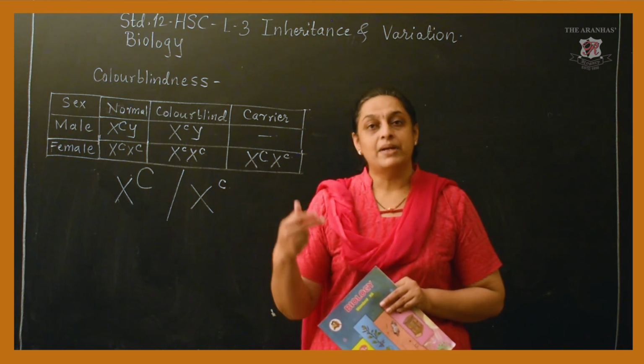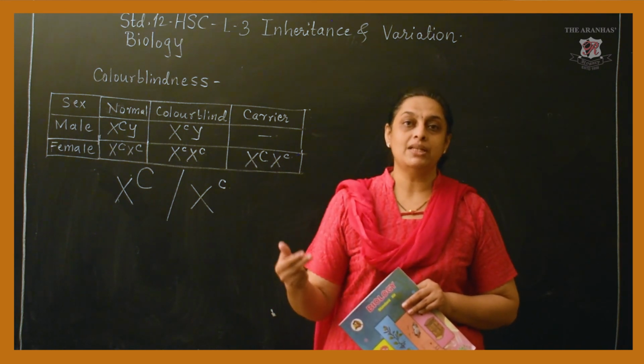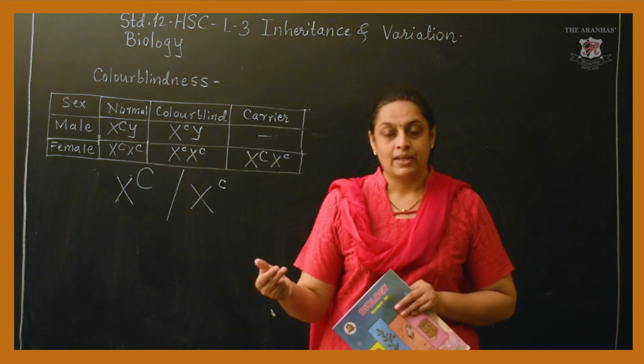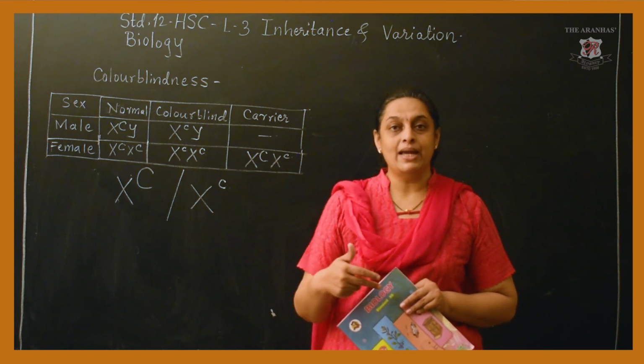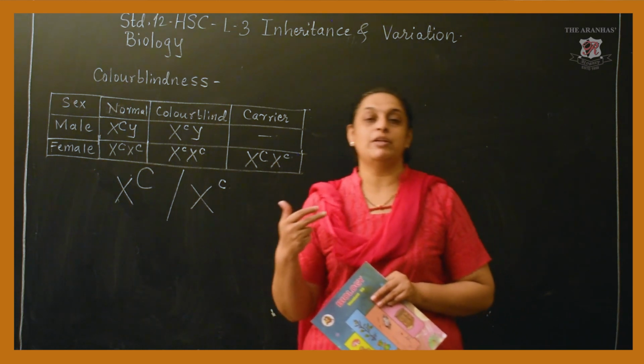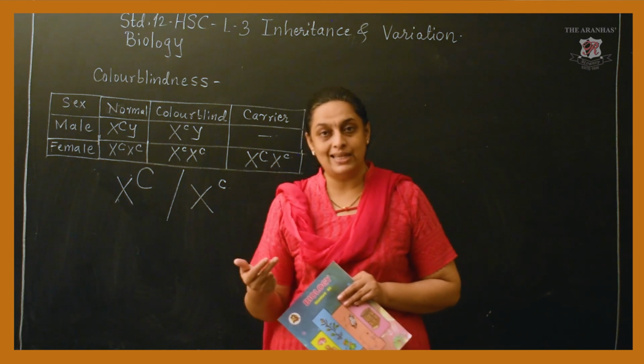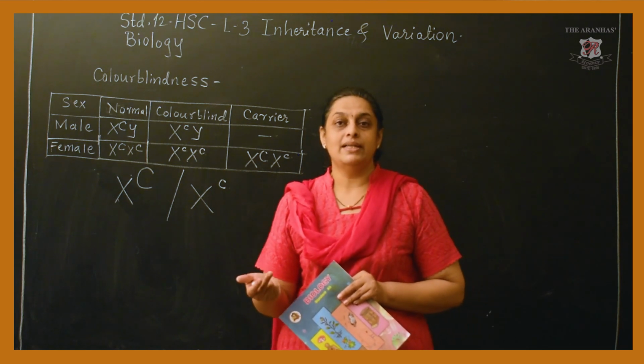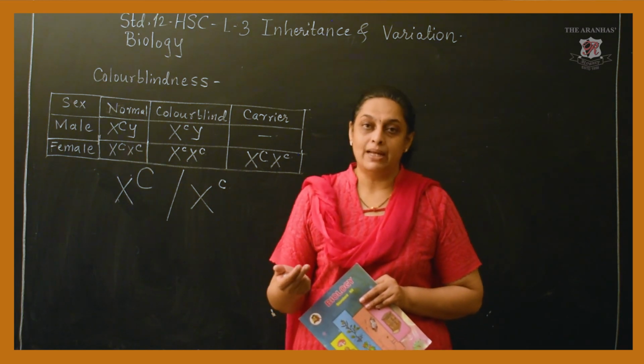So their percentage of recombination is high. And this was proved by Morgan when he performed experiments on the fruit fly, Drosophila melanogaster.